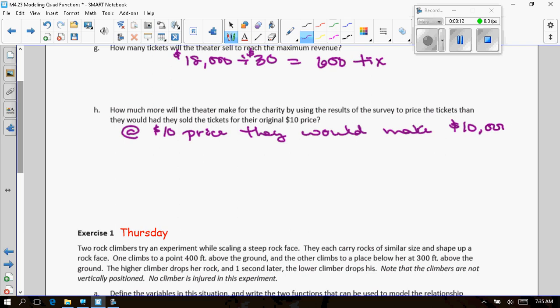Our y-intercept told us that. That was our starting point. But at $30, they make $18,000. So how much extra did they get? They got $8,000 extra.